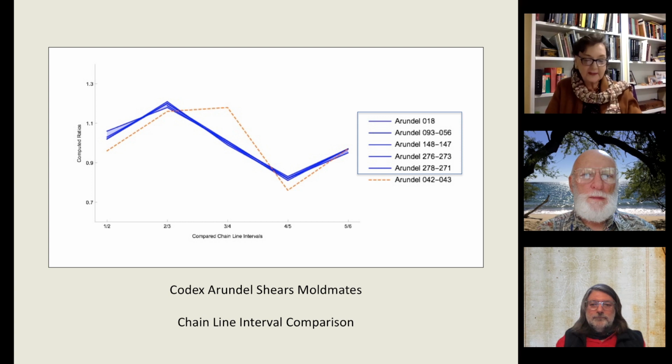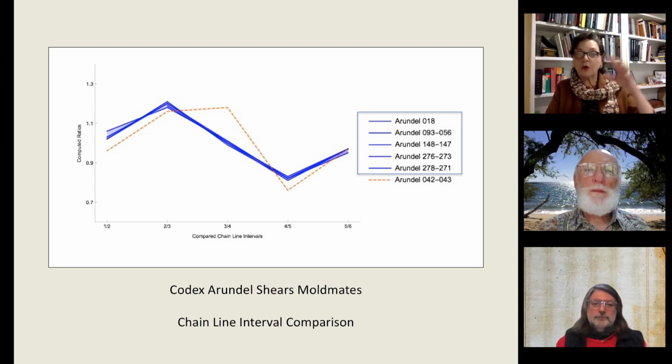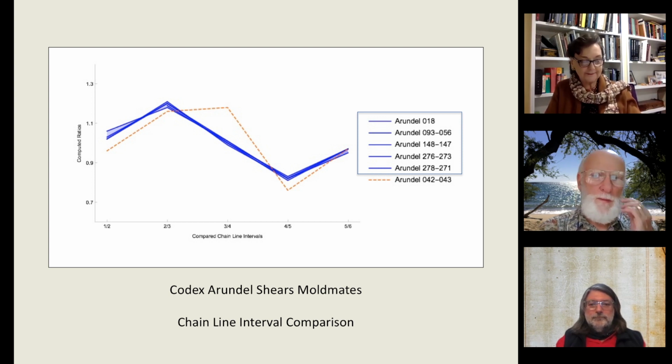And this can be graphically demonstrated in this chart of chain line comparisons. The 5 moldmates we just saw on the slide before are the closely spaced blue lines. Their chain line intervals match up precisely. A 6th Shears watermark appears as the orange line.